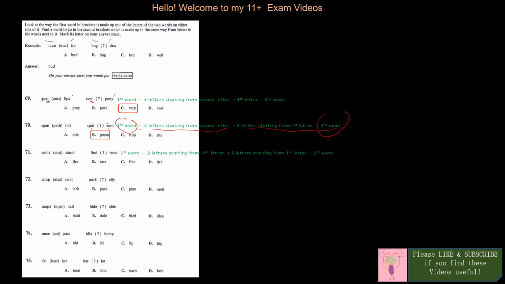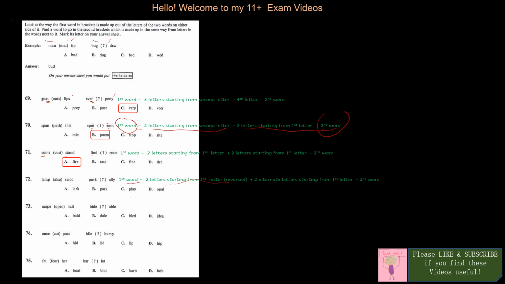So come, stand. So come, COST, FIRE, right? Then we have lamp, SWOT, pork, ally. So first word, second letter starting from first letter. This is reversed. So pork, it should start with, reverse it.